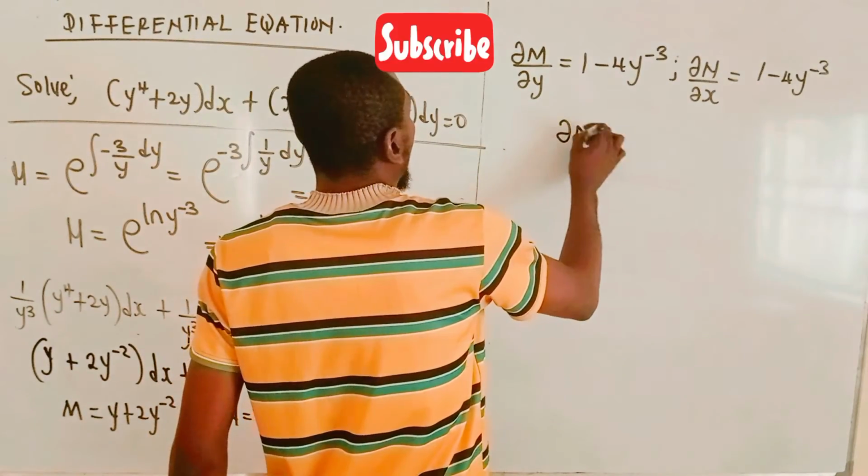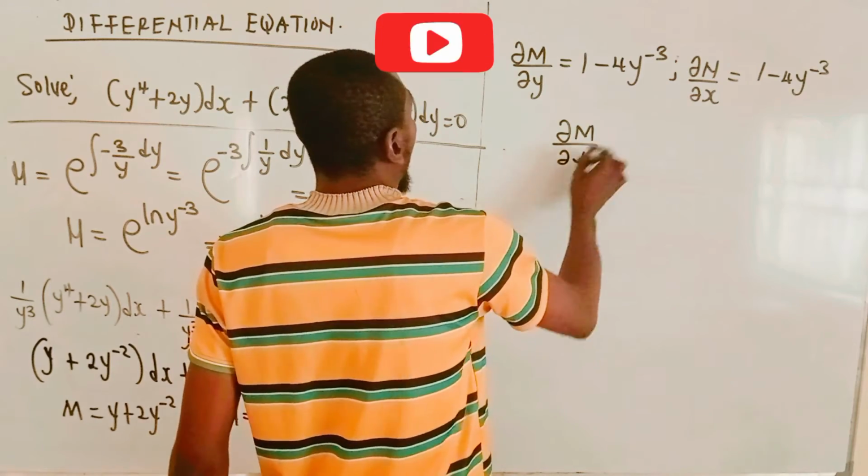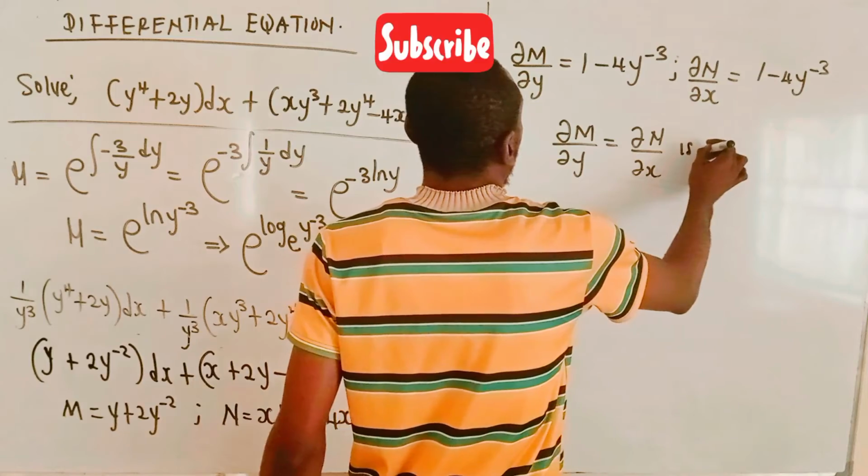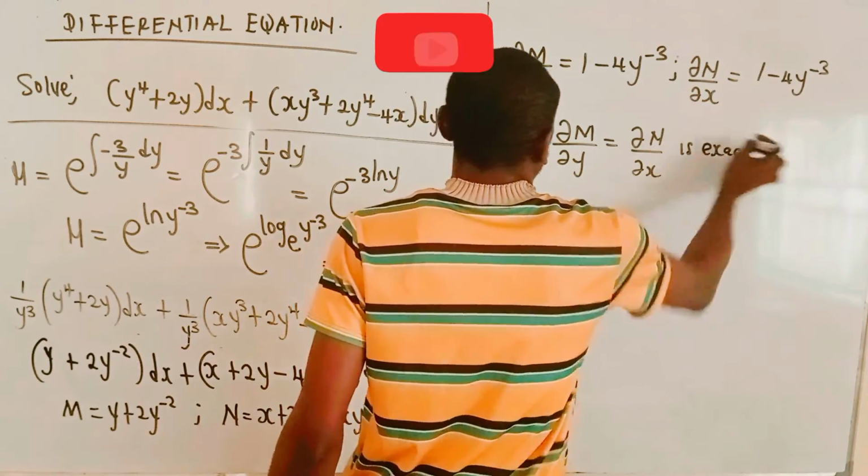So we have the partial derivative of M with respect to y equal to the partial derivative of N with respect to x, so it is now exact.